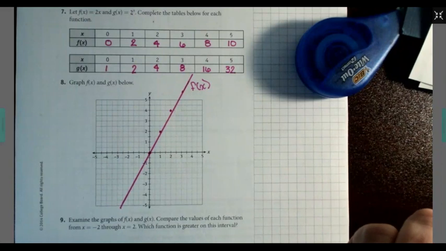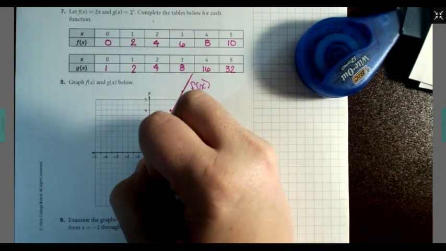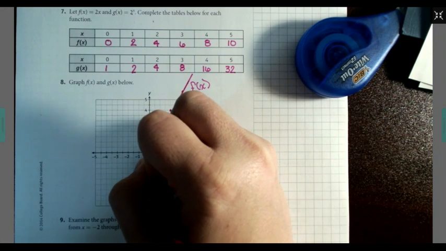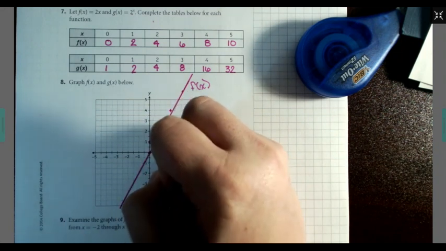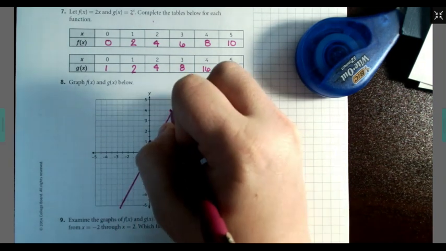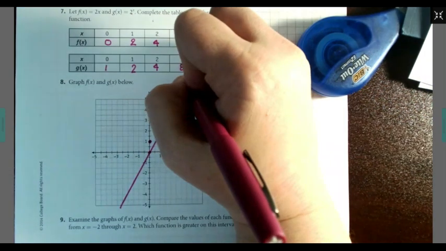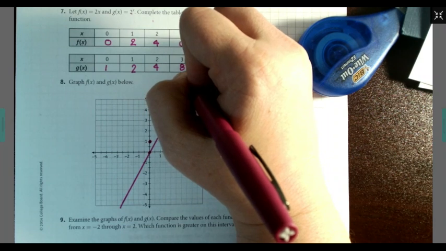Let's talk about g of x. We have 0, 1, 1, 2, 2, 4, 3, 8 would be way up here.